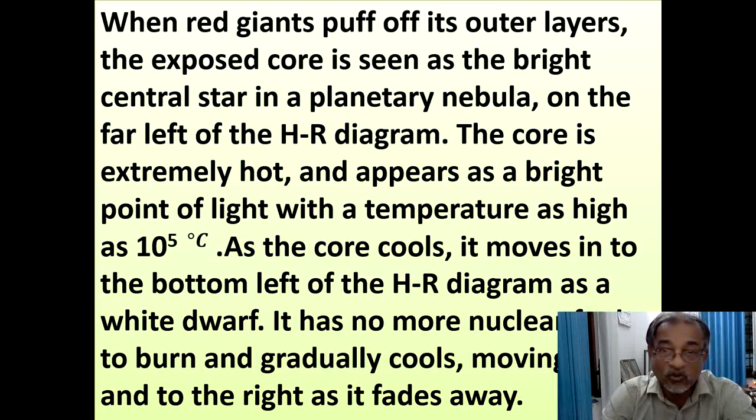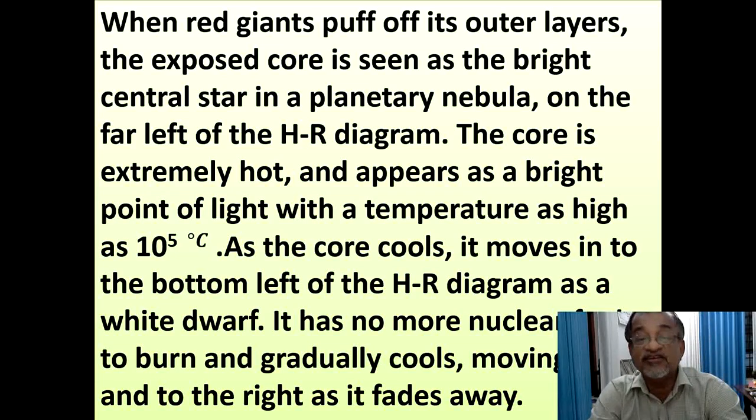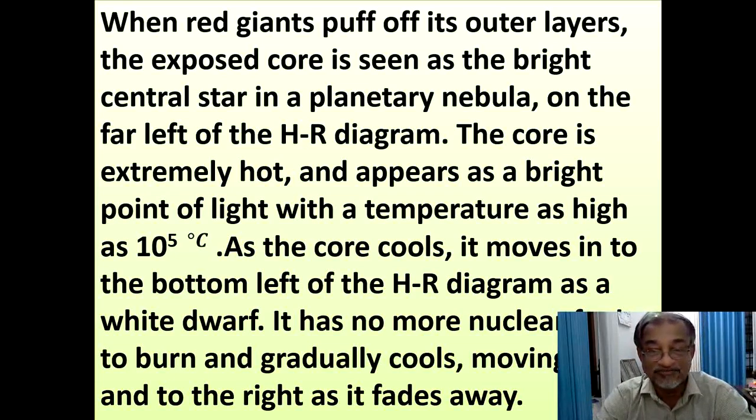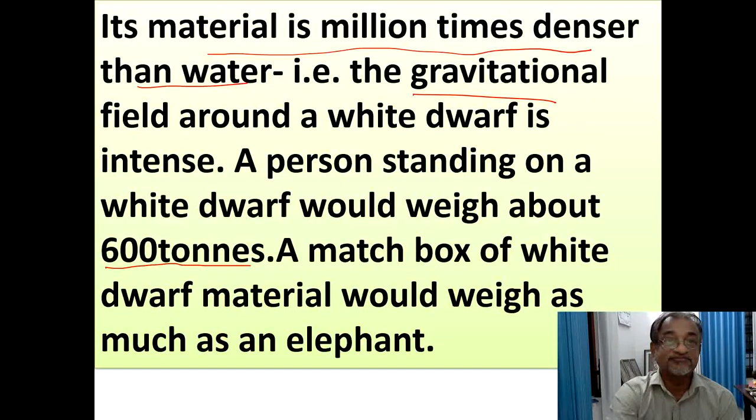After that, the core cools. When the core cools, it moves to the left lower corner of the diagram. That is the first main sequence. And finally, these white dwarfs will fade away.